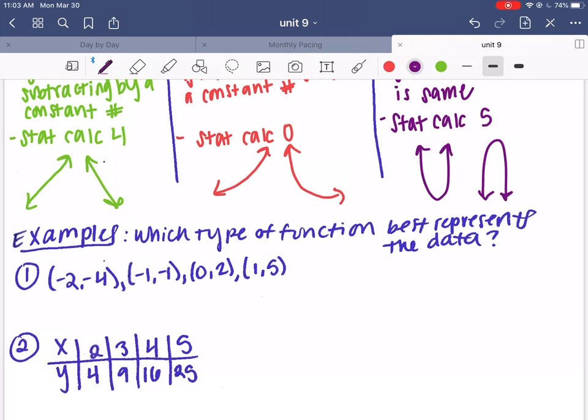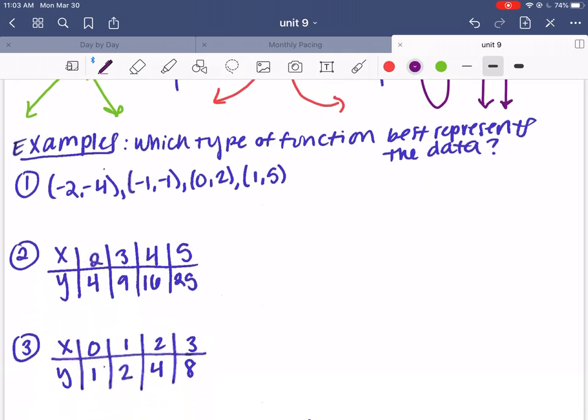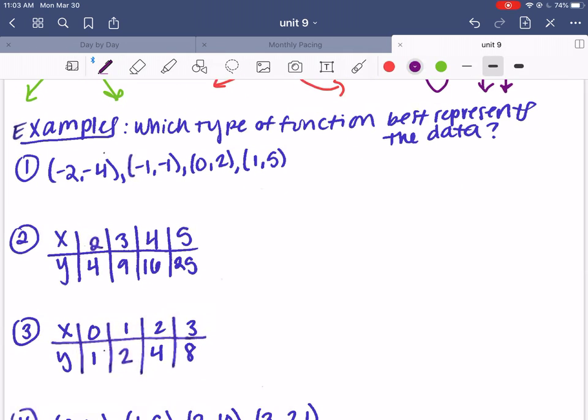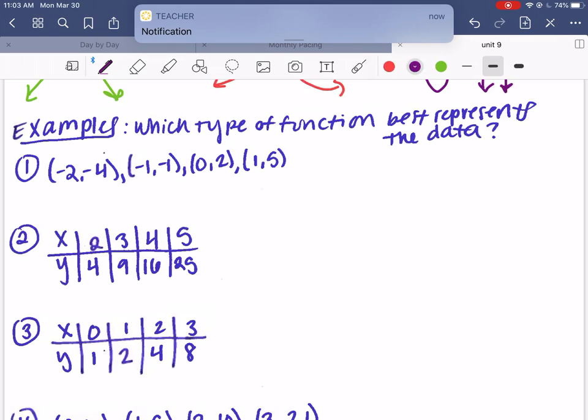And the examples that we're going to look at are deciding which type of function best represents the data. You could put this into Desmos and try to guess. But remember, you're only given a piece of the data. You're only given small pieces, not the whole thing. So even if you just got dots on your graph, you're not going to see a true picture of what the whole graph looks like.